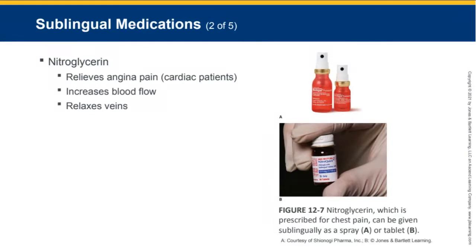So the pain that the patient is experiencing is because the heart muscles are deprived of oxygen. When you take the nitroglycerin, a product called nitric oxide is produced, which causes vasodilation of these coronary arteries that supply the heart muscles directly. So they become nice and wide and give the heart muscles the oxygen that they need to pump.